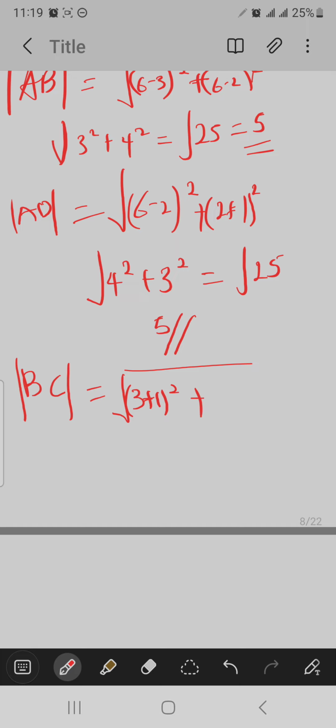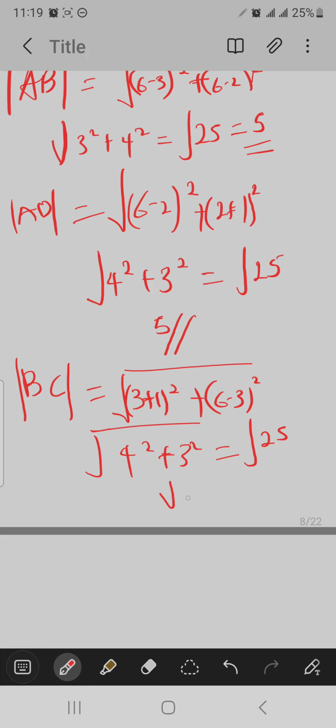I don't want to be writing all those minuses. So this one is the square root of 4 squared plus 3 squared, the square root of 25, which is 5. That's the third one.